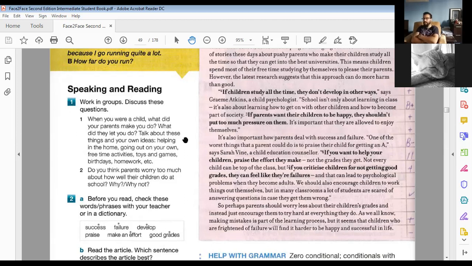If you want to improve your writing, what should you do? You should... What's the best way to improve writing?